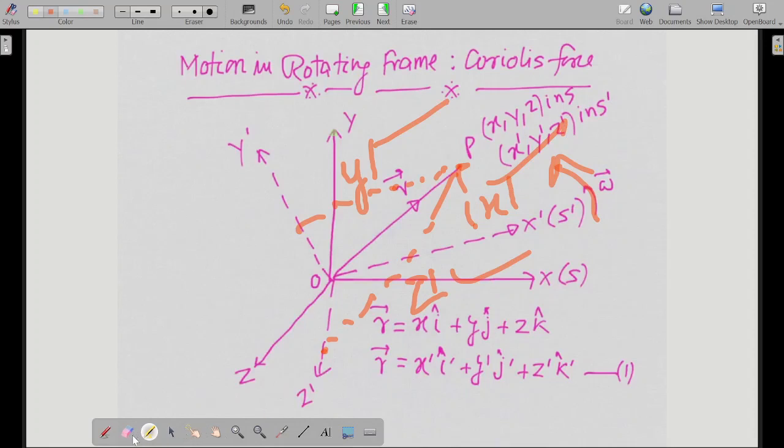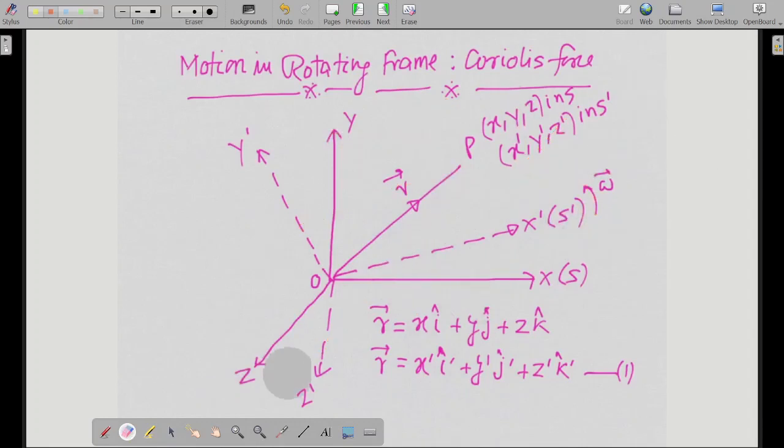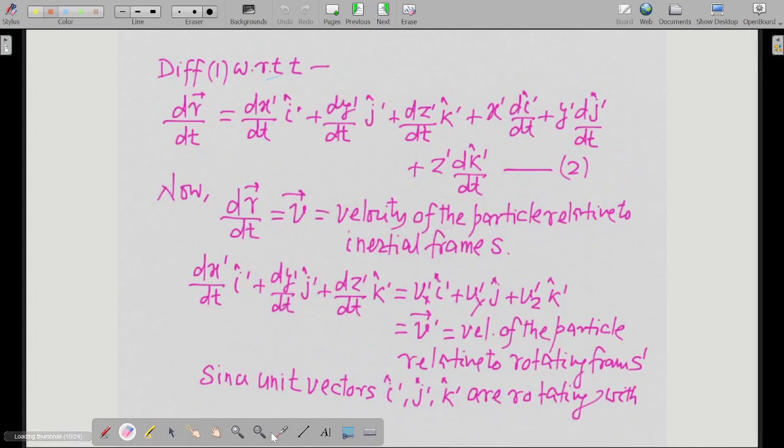So the rate of change of x prime is dx prime by dt, the rate of change of y prime is dy prime by dt, and the rate of change of z prime is dz prime by dt. Those will be your components of velocity along the x, y and z directions. Clearly, this term is the rate of change of displacement in the x direction with respect to S prime frame, and rate of change of displacement is equal to velocity.